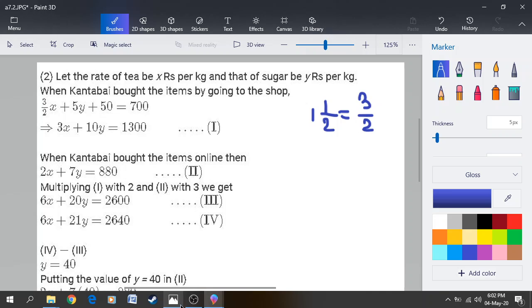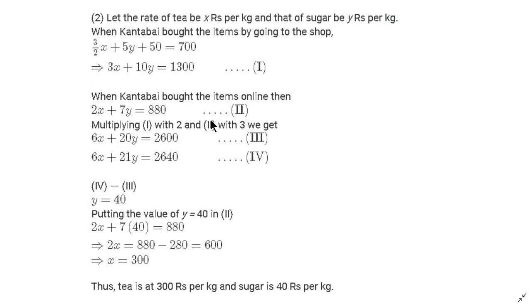So Kantabai bought 1.5 kilo of tea, 1.5x, plus 5 kg of sugar, which means 5y, plus she gave 50 rupees as return fare for a rickshaw. She gave 50 rupees for the rickshaw, so it should be added.